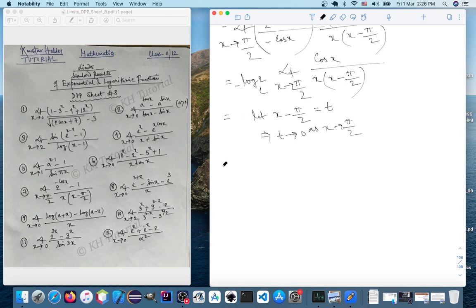Now the limit becomes limit t tending to 0 of cos of (pi by 2 plus t), and this is t, and pi by 2 plus t.